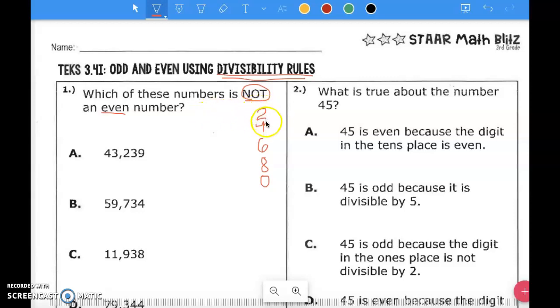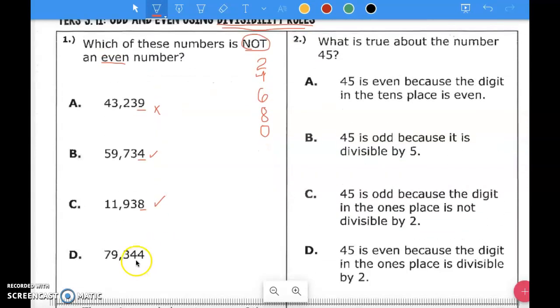If it ends in any of these, that's an even number. Okay, so this one's a 9, it's not an even number. This one's a 4, this one's an 8, and this one is a 4. So which one is not the even number?